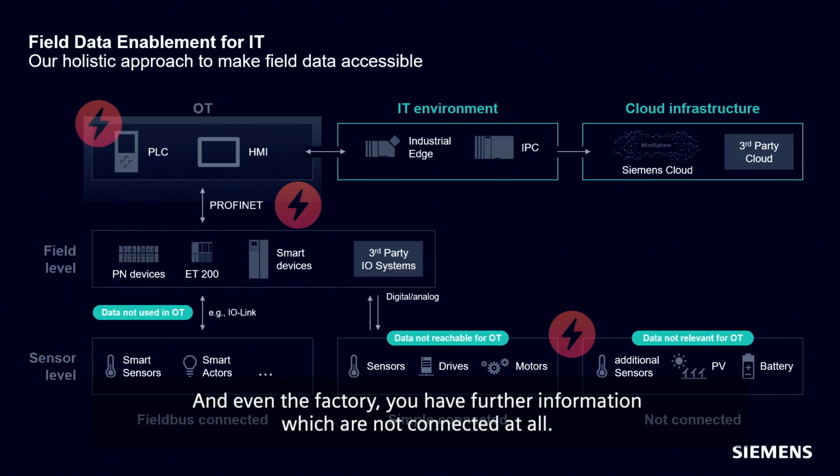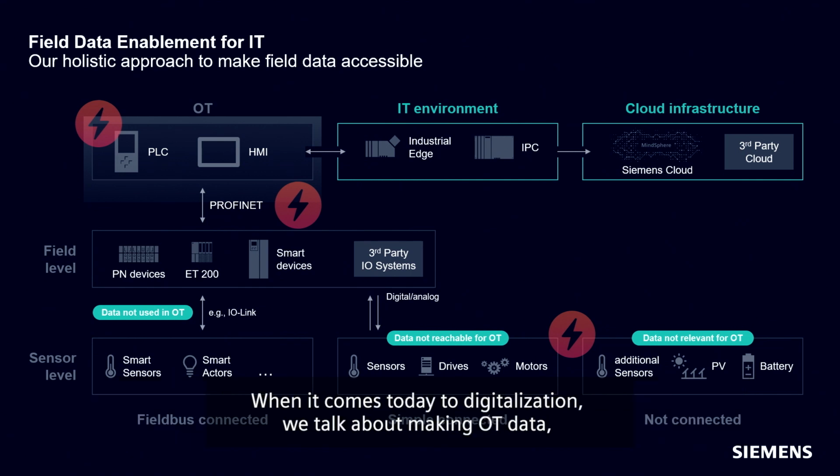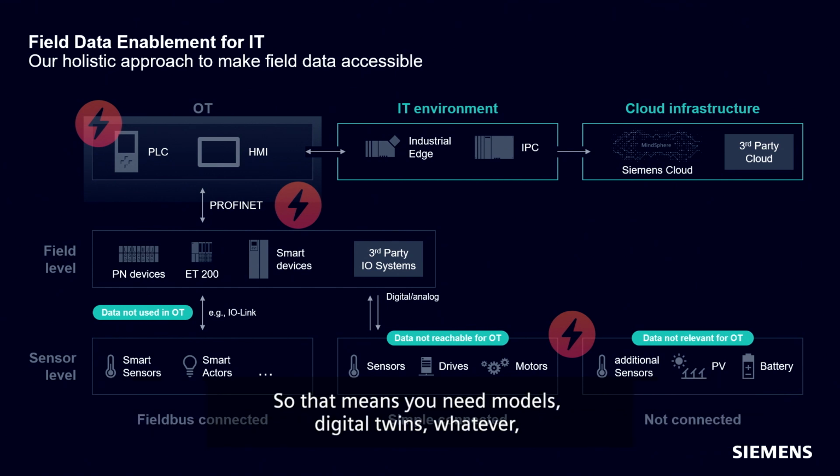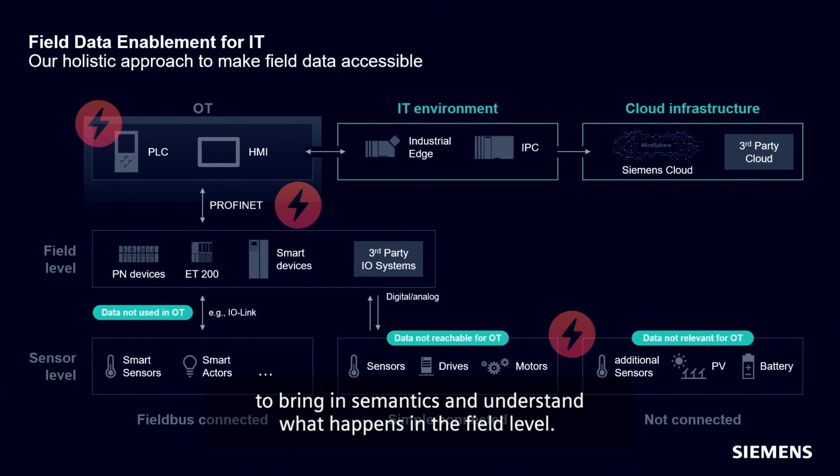And even in the factory, you have further information which is not connected at all. When it comes to digitalization today, we talk about making OT data, which you have from the PLC or HMI system, available to your IT system, but there is the missing semantics. That means you need models, digital twins, whatever, to bring in semantics and understand what happens in the field level.